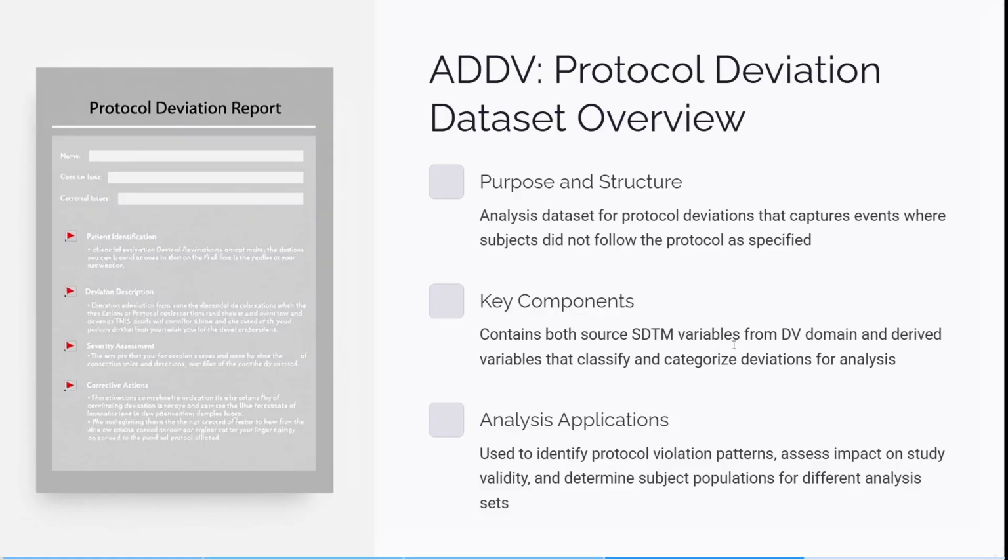It contains both source SDTM variables from the DV domain and derived variables that classify and categorize deviations for analysis. The analysis application is used to identify protocol violation patterns, assess impact on study validity, and determine the subject population for different analysis sets.